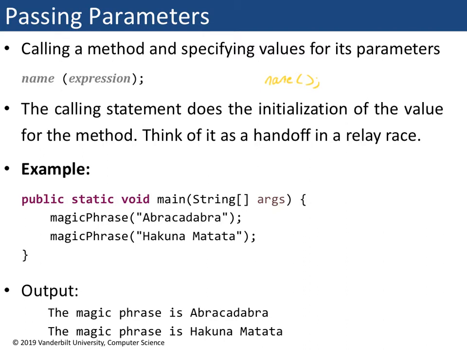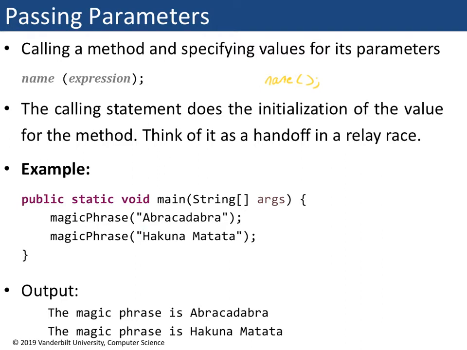So the first statement is a call to magicPhrase, and we are passing the value "abracadabra". Now notice how it's supplied. It is a string literal. A string literal is an expression, so this matches what we said in the general syntax. So we're passing the string literal "abracadabra" into magicPhrase.